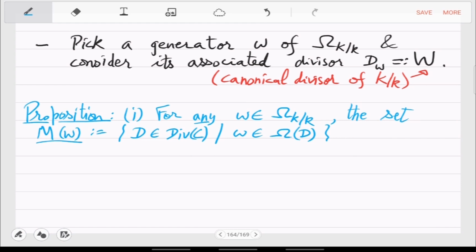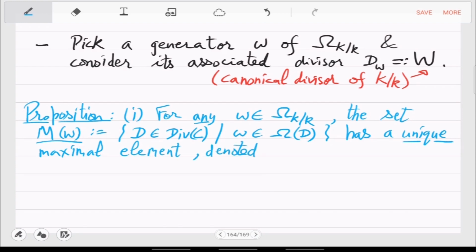And this has the property that it has a unique maximal element, denoted by bracket omega notation.